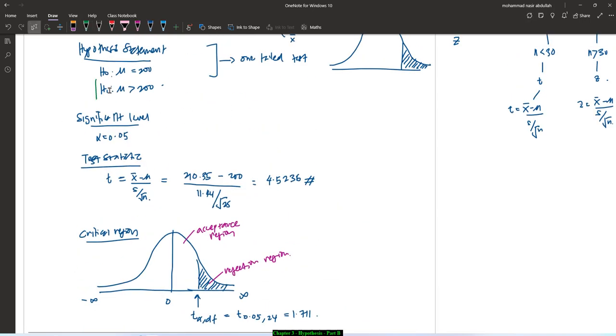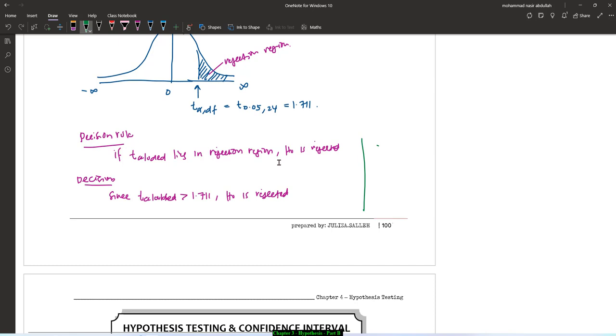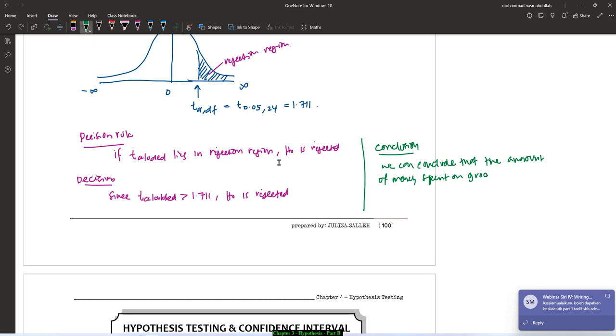So we can conclude that the amount of money spent on grocery is more than RM 200. Right?